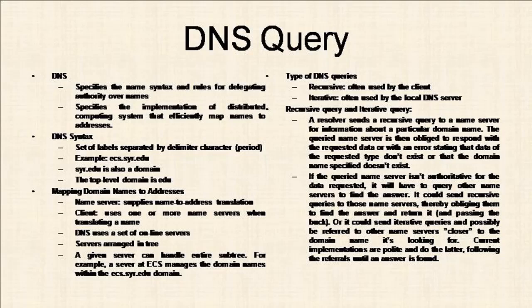Whenever the server is unable to resolve the name, the request will be forwarded iteratively to various other name servers, till the name is resolved. These are the ways DNS queries function.